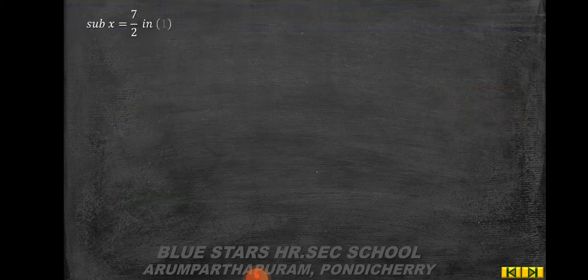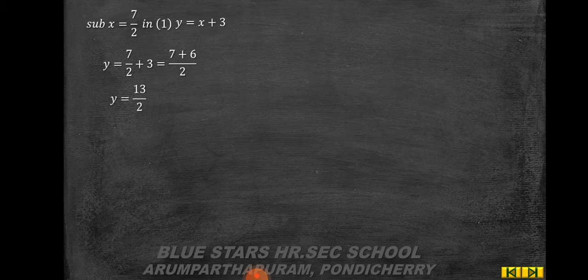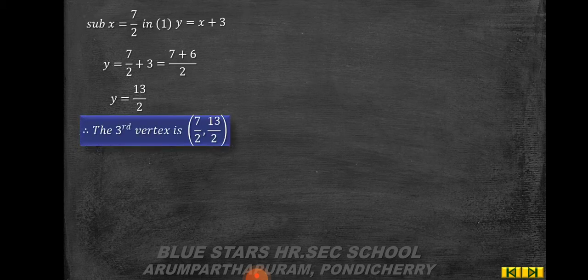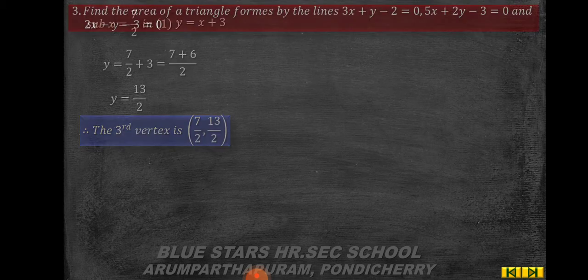Substitute x is equal to 7 by 2 in equation 1, that is y is equal to x plus 3. Therefore, y is equal to 7 by 2 plus 3. So, cross multiplication, 3 2s are 6, 7 plus 6 by 2. Therefore, the value of y is equal to 13 by 2. Therefore, we find the third vertex is 7 by 2, 13 by 2.